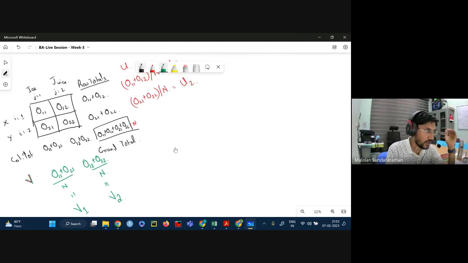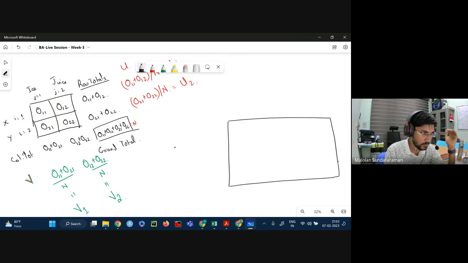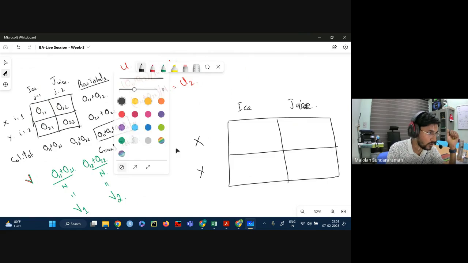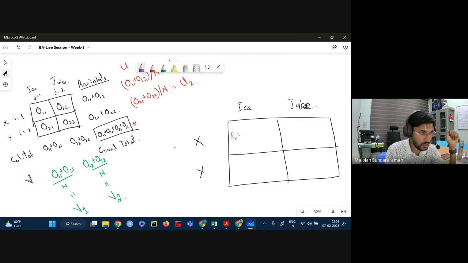Now we build our expected frequency. We again have X, Y, ice cream, and juices. So what is this going to be? E11 is N into U1 into V1.